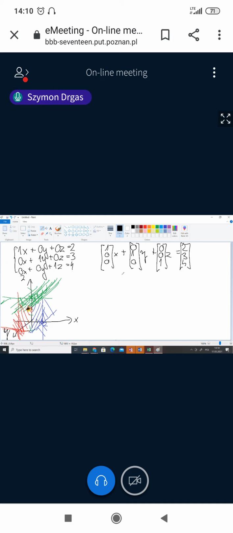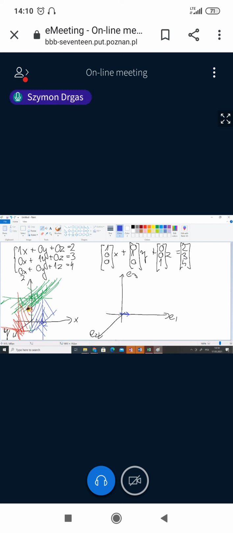So now we have this coordinate system with E1, E2, and E3. Yes, so the first vector has components 1, 0, 0. So I will draw it with this blue color.